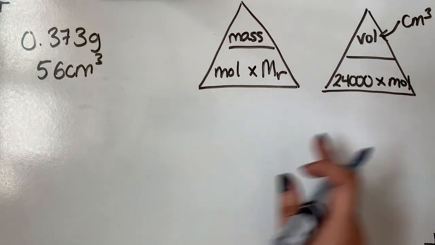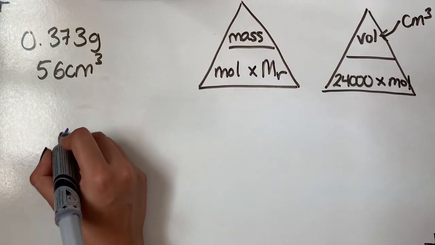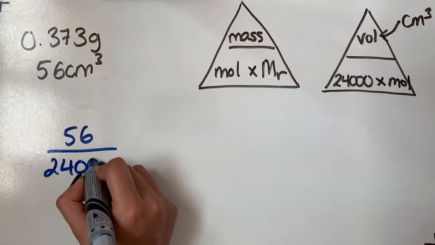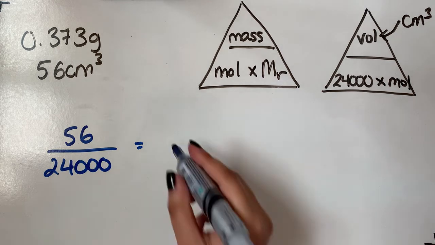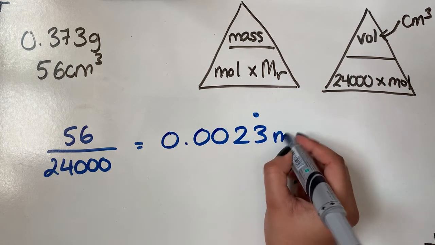We've got our volume, which is 56 centimeters cubed, which means we can now work out the moles. So we're going to do 56 divided by 24,000. And that's going to give us an answer of 0.0023 recurring, and that's in moles.